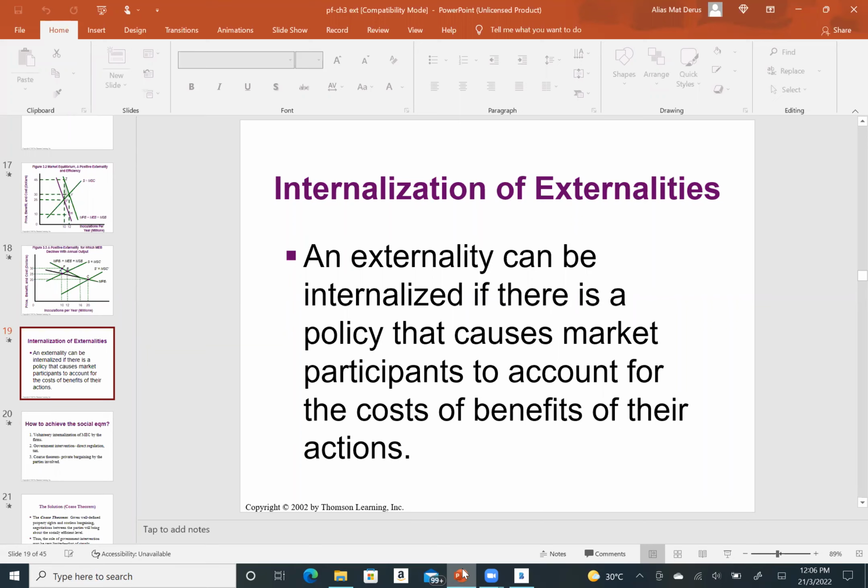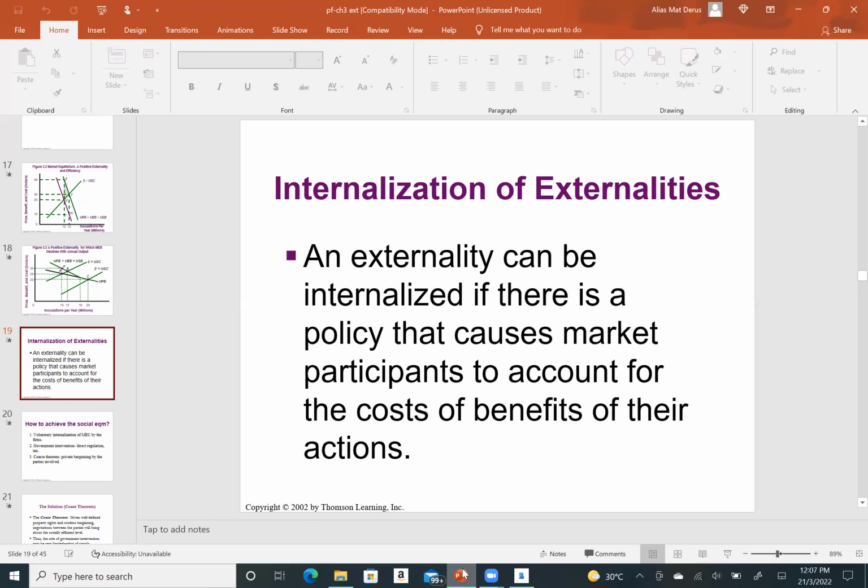So if you read here, internalize if there is an action that causes the market participant, the relevant parties, the one that generates the negative or the positive externality, to take into account the external cost or external benefit into their decisions. Okay. Do you get it?